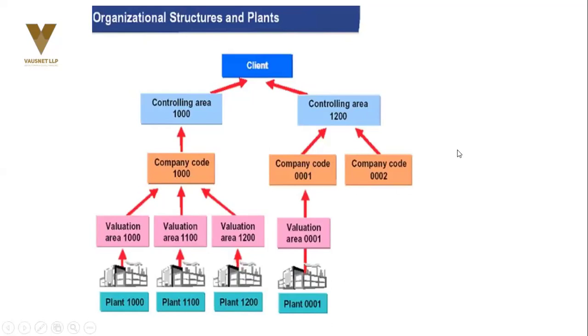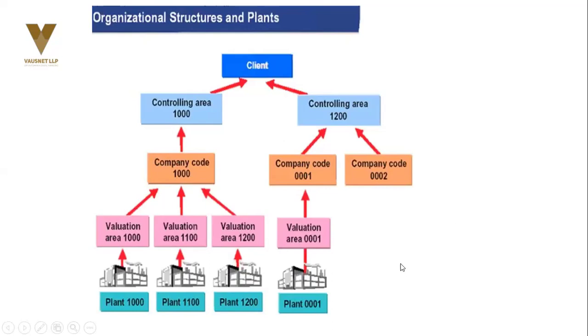Company code is the operational unit of the company, and this is where the operational entries and transactions are recorded. Then the valuation area is basically the representation of the plant, and material valuation is done at this level.